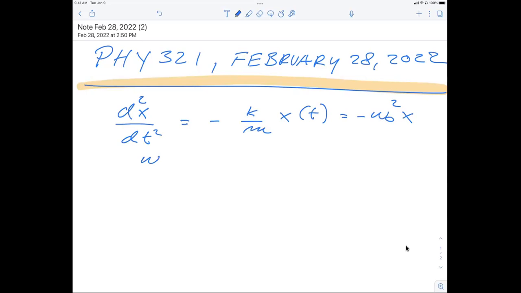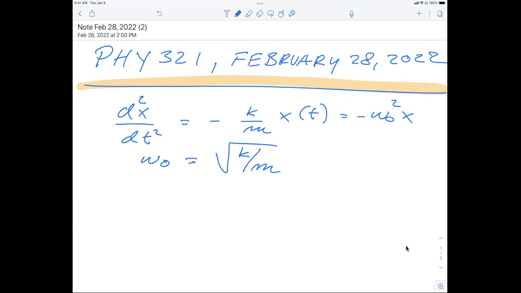We introduced this omega 0, which is defined as an angular frequency, but you will also encounter this named as a natural frequency. Natural because it's defined by the constants of the system.